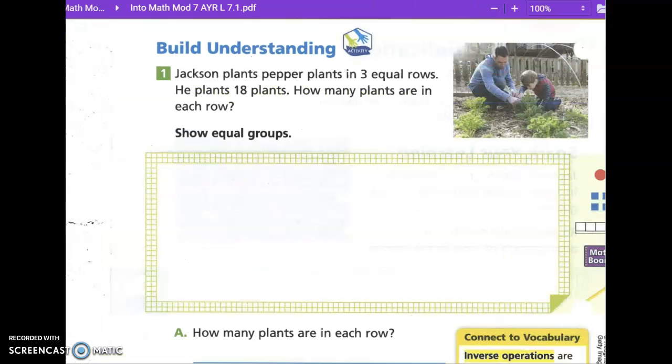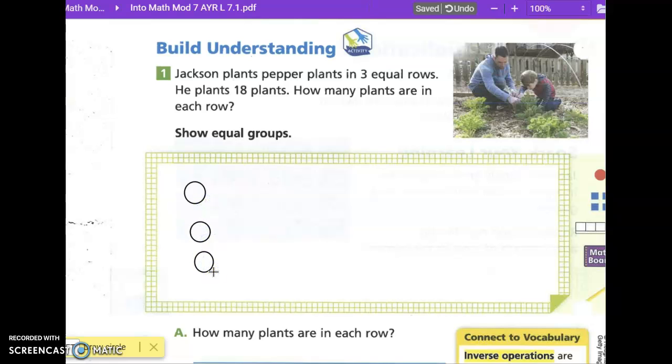Okay, we've turned our paper over. We're on page 172. We're talking about Jackson plants pepper plants in 3 equal rows. He plants 18 plants. How many plants are in each row? So if we're going to draw an array, what are we going to start with? How many rows does he have? 3 rows. So we're going to make 3 rows.